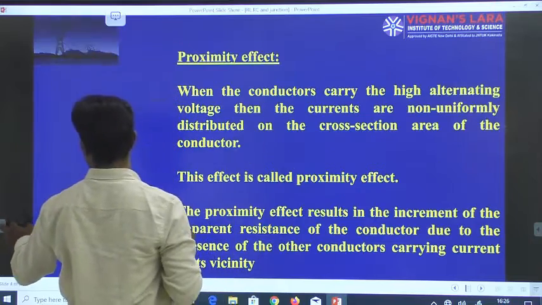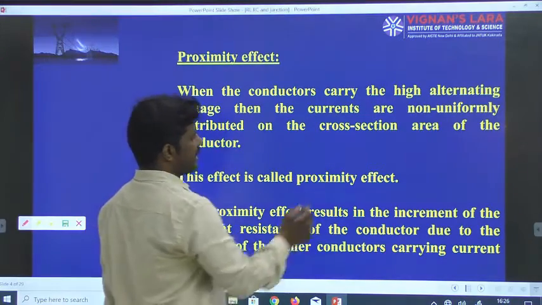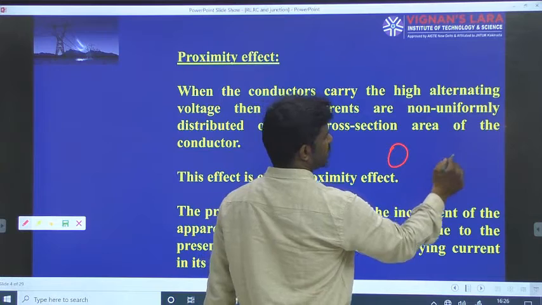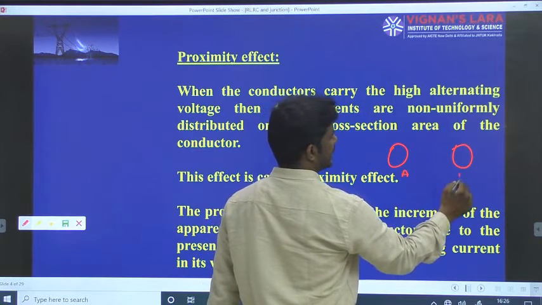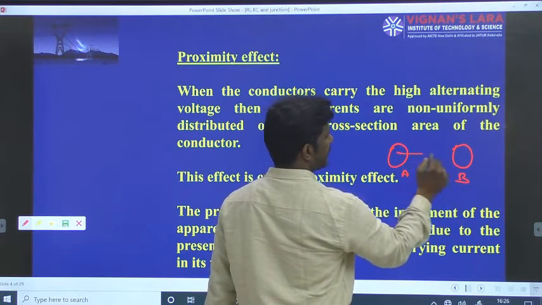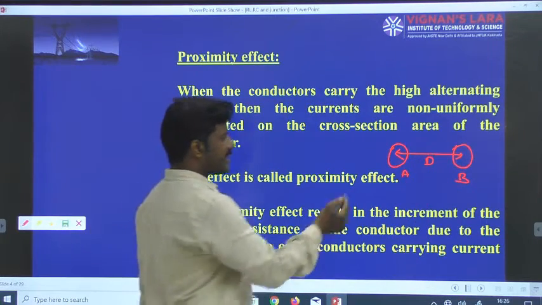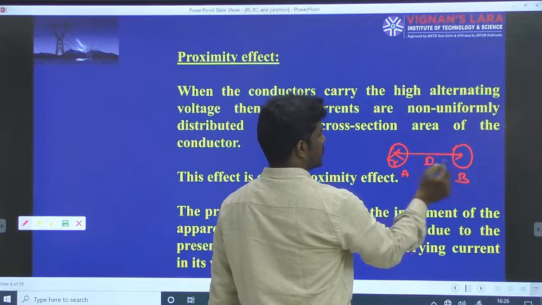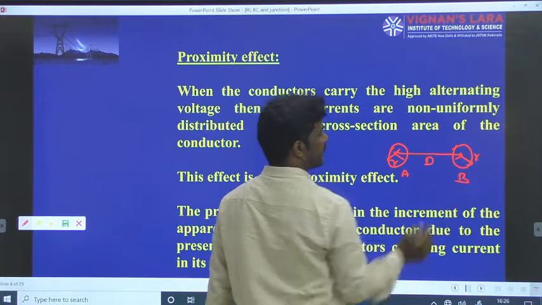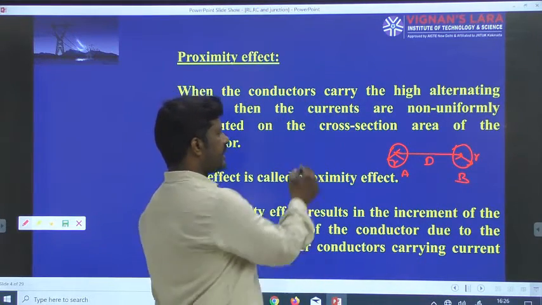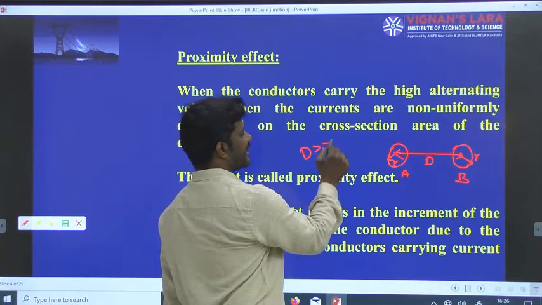Assume there are 2 conductors, conductor A and conductor B, separated by a distance of D meters, each having a radius of R, and we assume that the distance D is far greater than R.